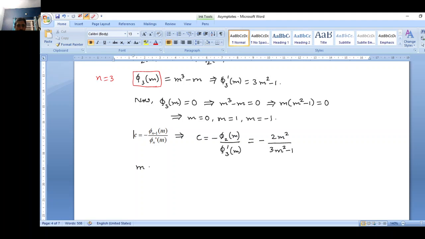So first of all, when m becomes 0, what will C be? So replace m by 0 in this. So that will give me minus. The numerator becomes 0 and the denominator becomes minus 1. But because the numerator itself is 0, there is just no point writing a minus sign.